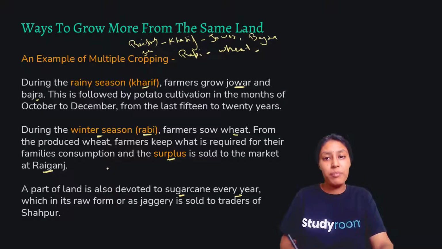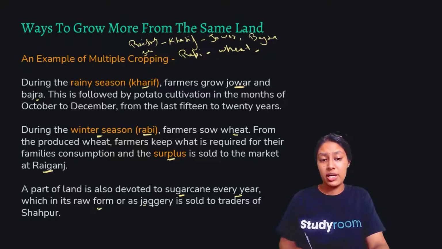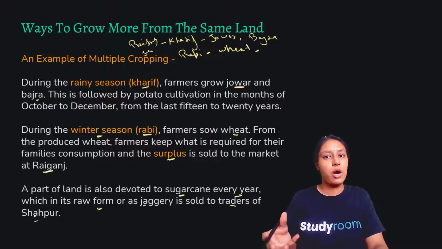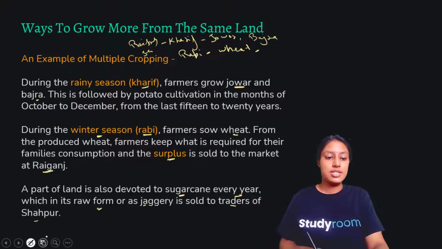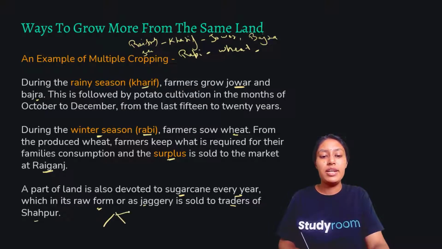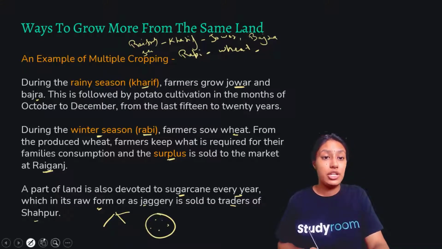It's the raw form of jaggery, and this is being sold to traders of Shahpur so that they use it in their manufacturing sectors. So now you see what different activities this generates. Everything is so connected with each other.